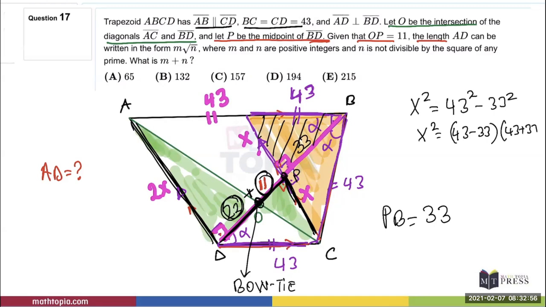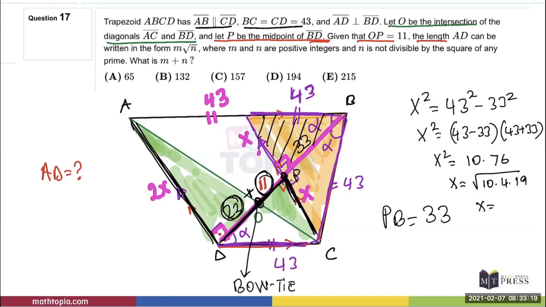43, then x squared is going to be 10 times what is the 43 times? It is going to be 76. Then x is going to be square root of 10 times 4 times 19.